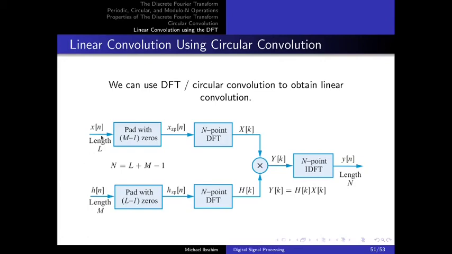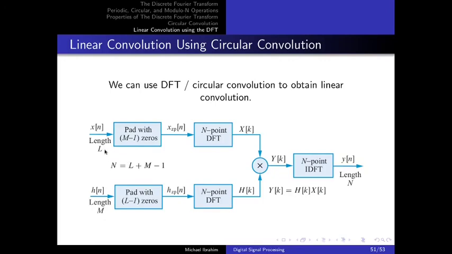So if we have a sequence x of n whose length is L, defined from 0 up to L minus 1, and let's assume we have an h of n signal defined from 0 up to M minus 1, so its length is M, and we need to do linear convolution using the DFT or using FFT. First, we need to do zero padding such that the lengths of the sequences become N capital, which is equal to L plus M minus 1.